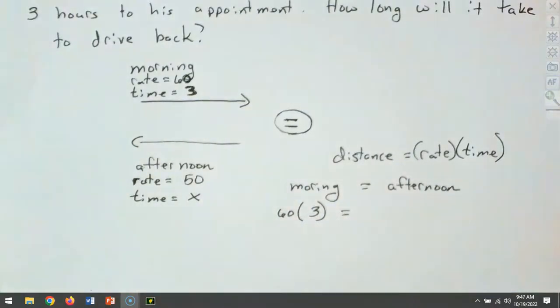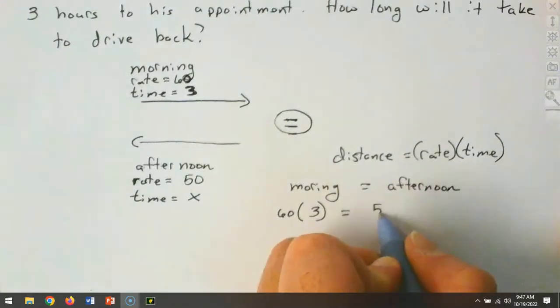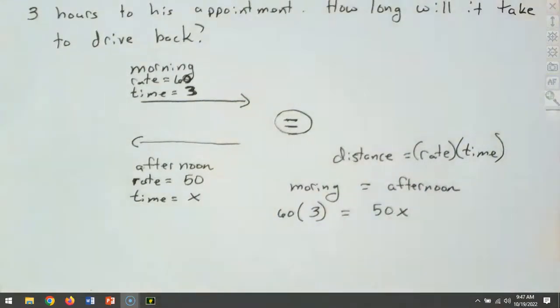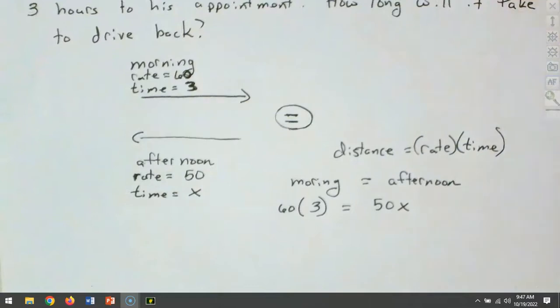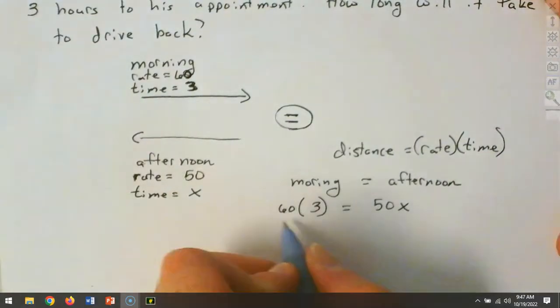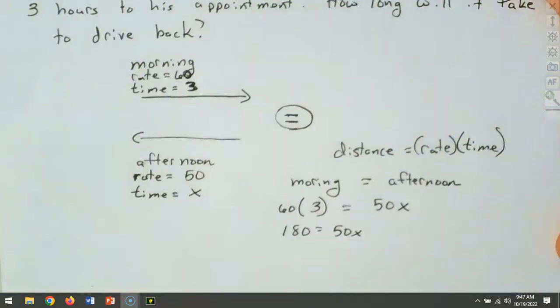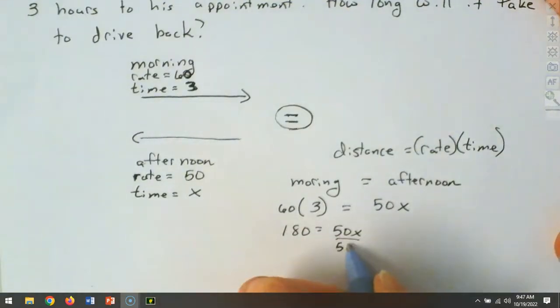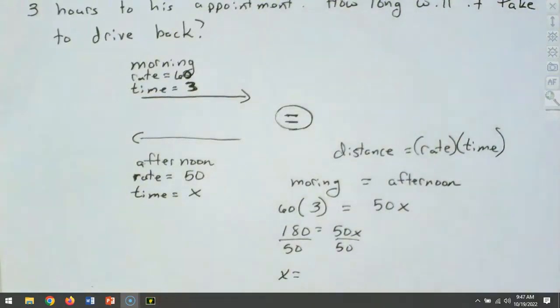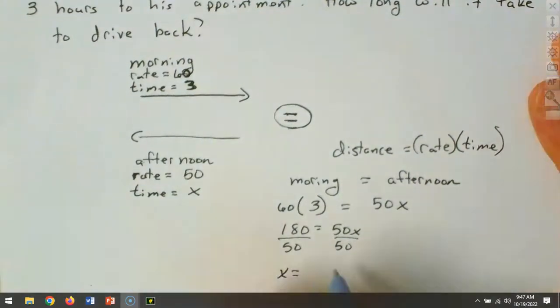In the afternoon, we're traveling at 50, but I don't know how long it takes, so that's going to be x there. And we can finish it, because 60 times 3, well, that's 180. And we'll divide by our 50. That's not going to come out to be a nice whole number, but we can get the decimal equivalent or the fraction. And it comes out to be 3.6 hours. So it takes a little bit longer.